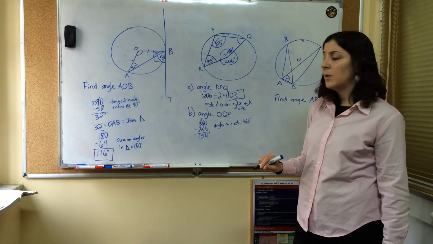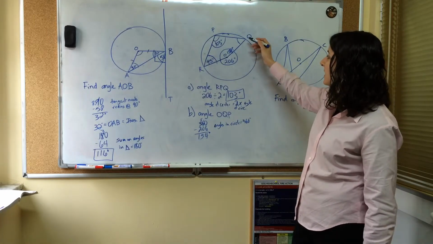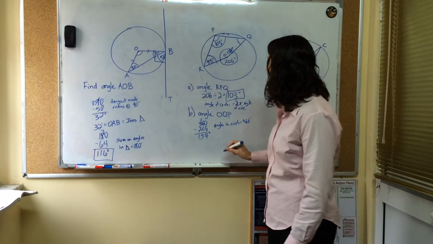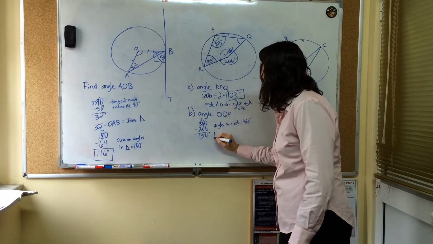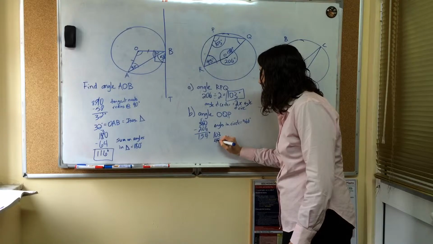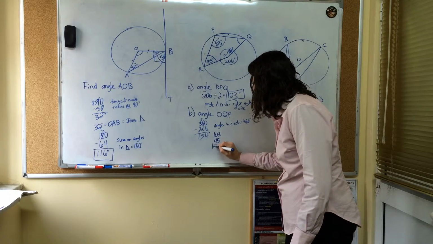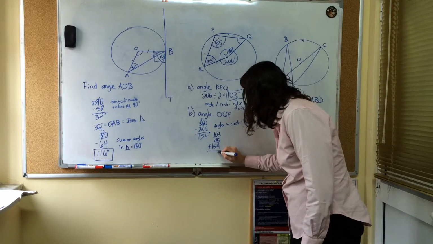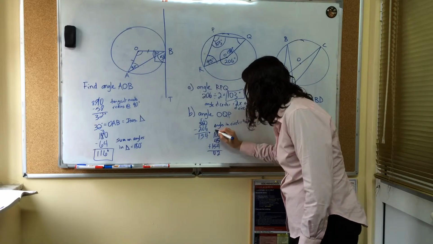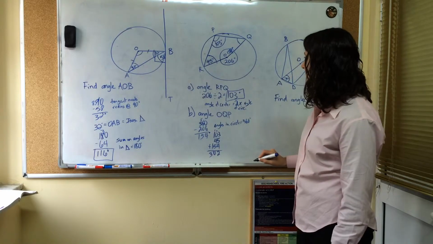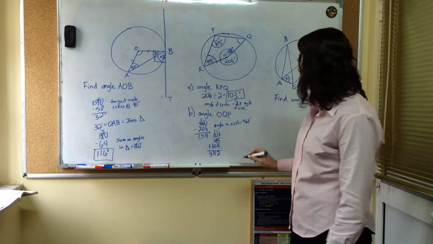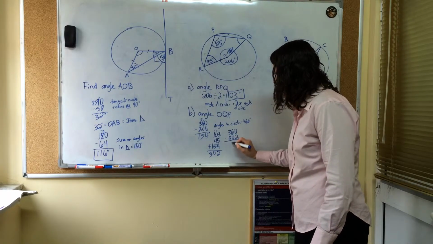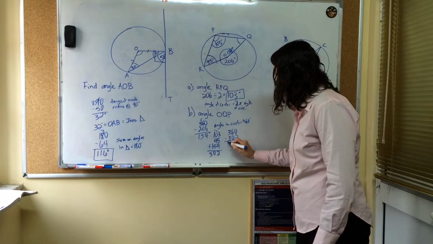Now we can just see what we're missing from 360, the total of all of the angles in the quadrilateral. So we can add those up. So we have 103, 45, and 154. We can add up those angles. We have 302 degrees that we have already. So we can do 360 minus 302, and we come up with 58 degrees.